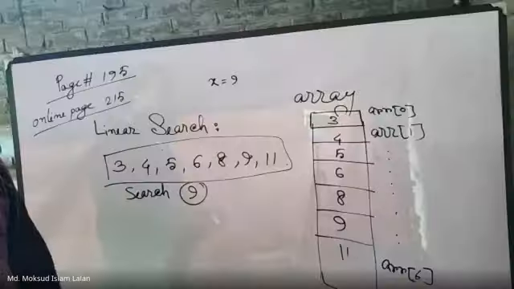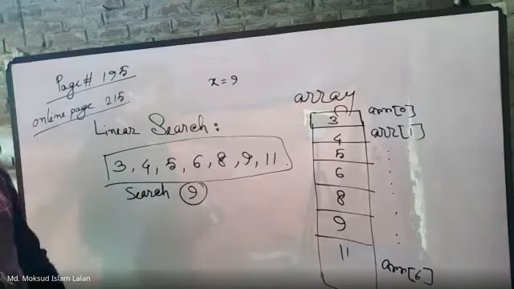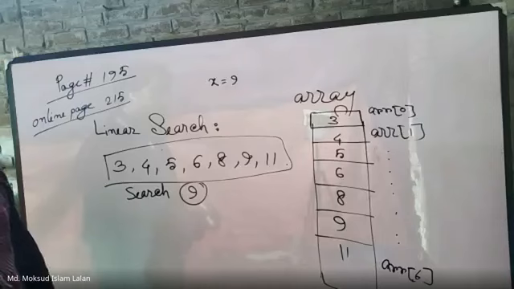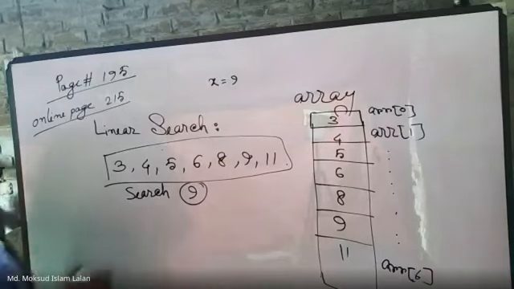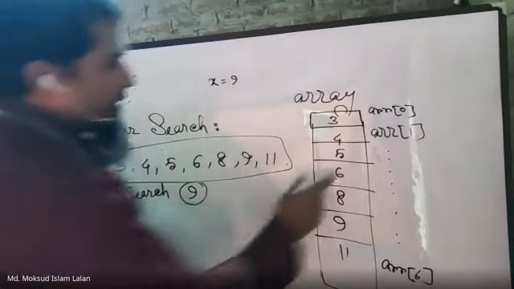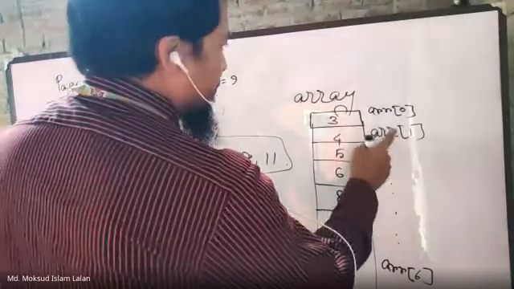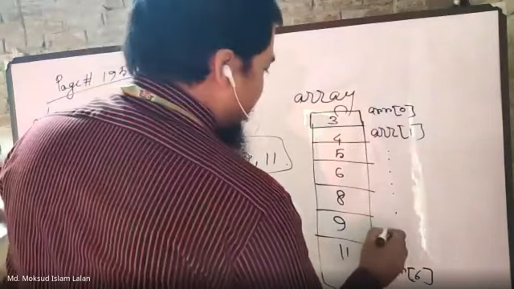Am I right? So this is a list of elements. We have to search 9, and 9 is at index 5, counting 0, 1, 2, 3, 4, 5.